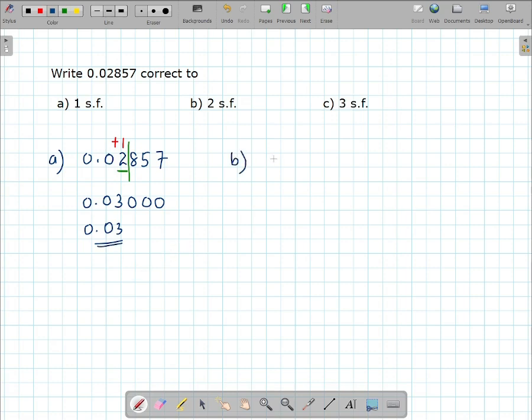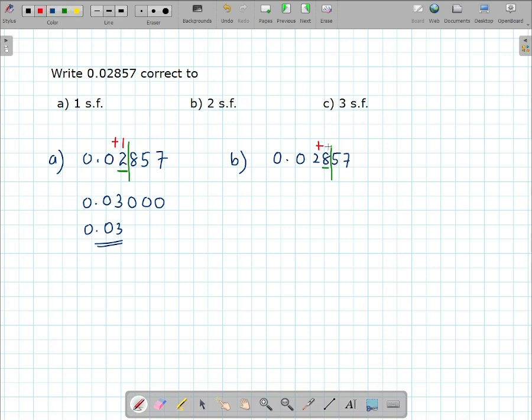B, the given number again, that is 0.02857. Then second SF. This is first, this is second. After that, I'm going to put a separation. Then after the separation, I check the number. It is 5. If it is 5, we have to add 1 to the underlined digit.